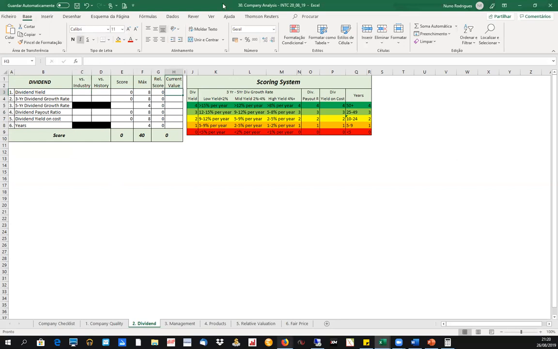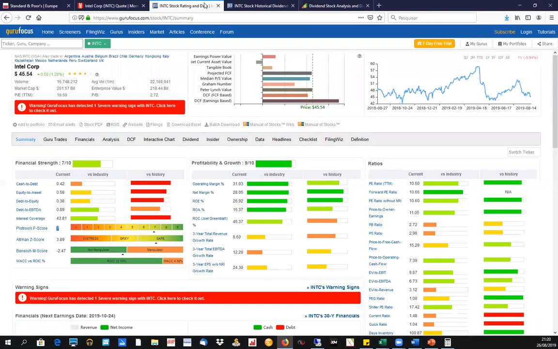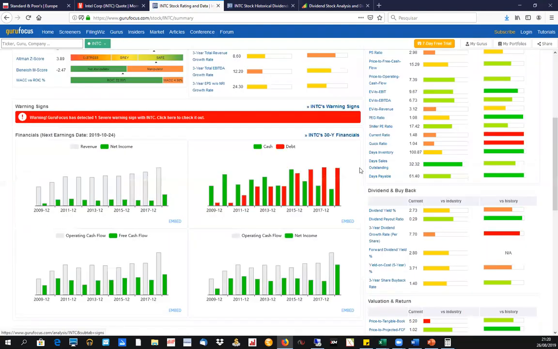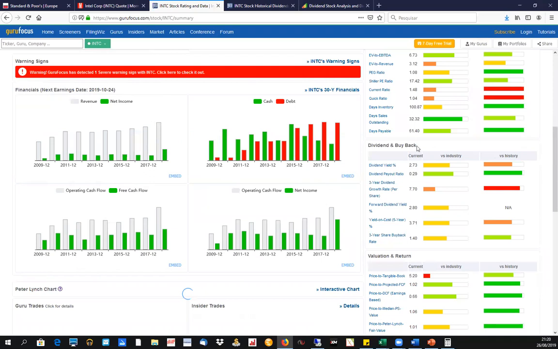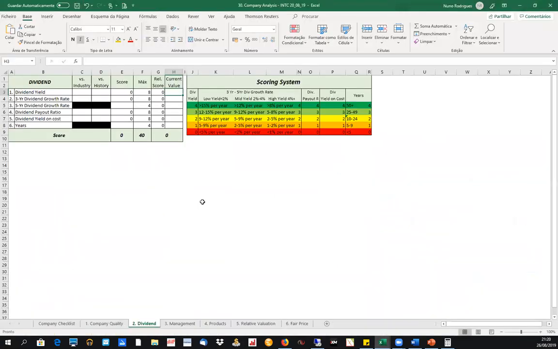Now let's take a look at the dividend, and let's take a look at the dividend yield. Here we'll use GuruFocus again. If we scroll a little bit down, we have all the information regarding dividends. The dividend yield currently for Intel is 2.73. So 2.73. And now let's use the color scheme to score Intel.